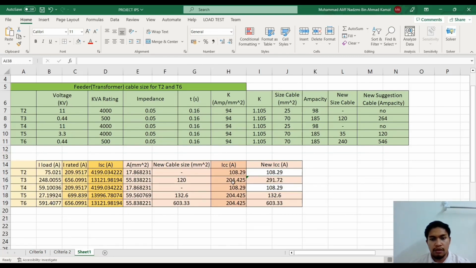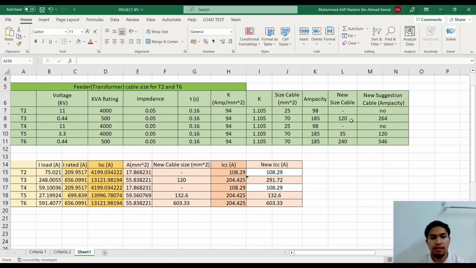So we have one solution, which is to use or suggest a new cable size that is bigger than the size calculated using the formula.